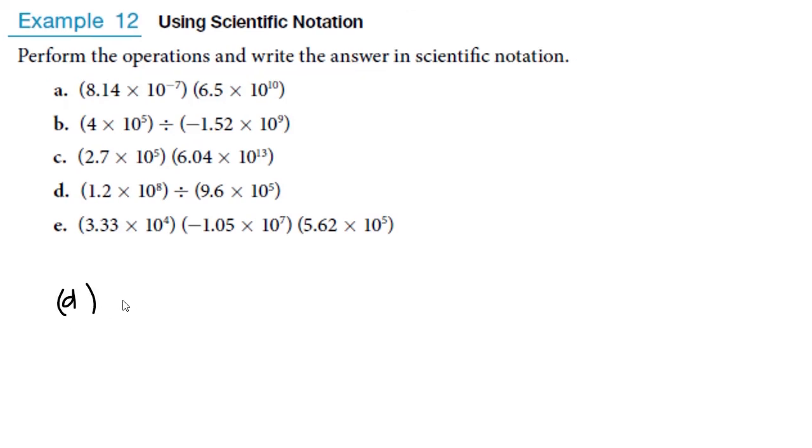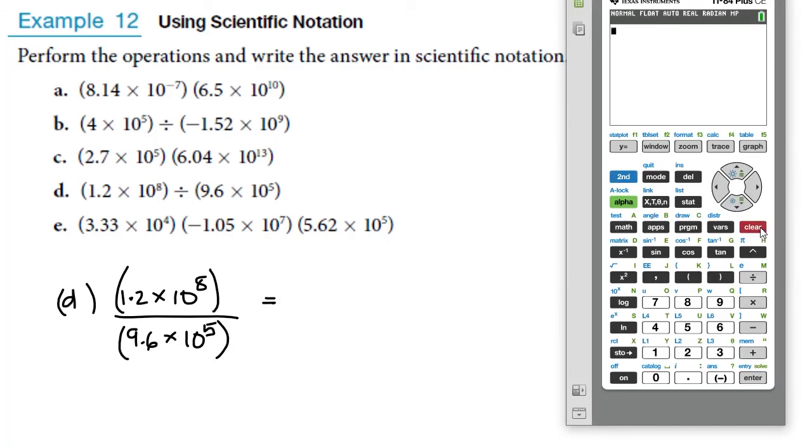Part D is 1.2 times 10 to the power 8, all divided by 9.6 times 10 to the power 5. So we're going to do the numerical division first. Let's divide 1.2 divided by 9.6, and that will give us 0.125 times 10, and here I have 8 subtract 5, so that's going to give me 3.